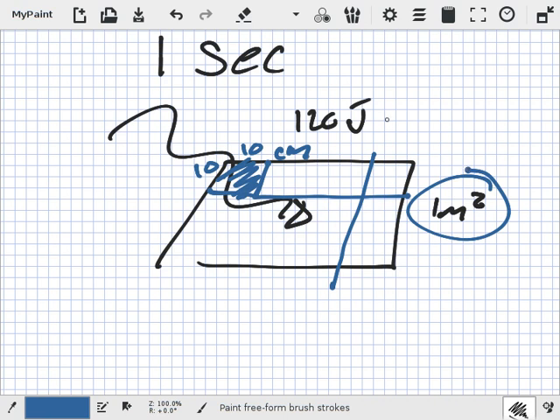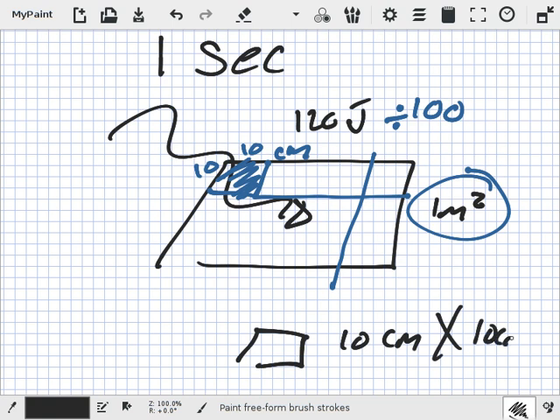So I should divide this by 100, and on a little square of 10 centimeters by 10 centimeters, in 1 second, I'll get 1.2 joules. So on a little panel of 10 by 10 centimeters, I'll get 1.2 joules a second on the copper from the light.